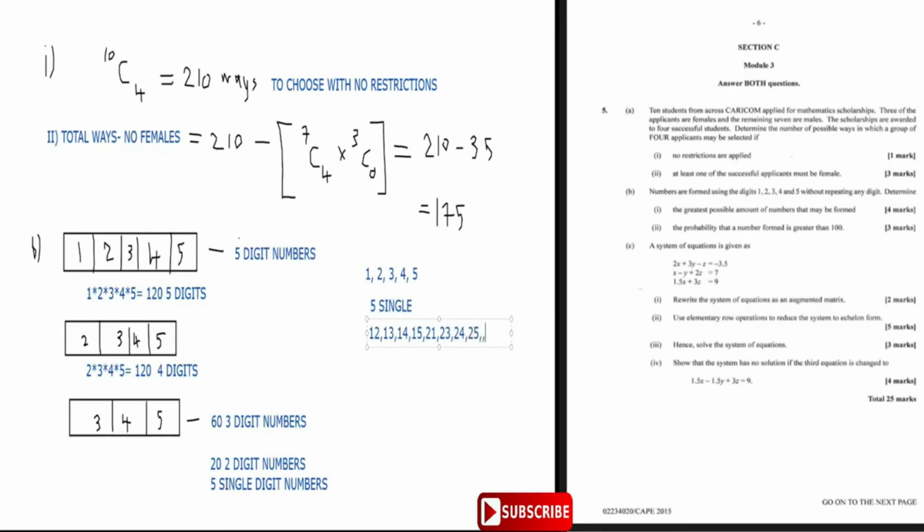You can get 3, 1; 3, 2; 3, 4; 3, 5. Or 4, 1; 4, 2; 4, 3; 4, 5. Or 5, 1; 5, 2; 5, 3; 5, 4. Count them up: 20. So this gives you your 5 single digits and your 20 double digits.